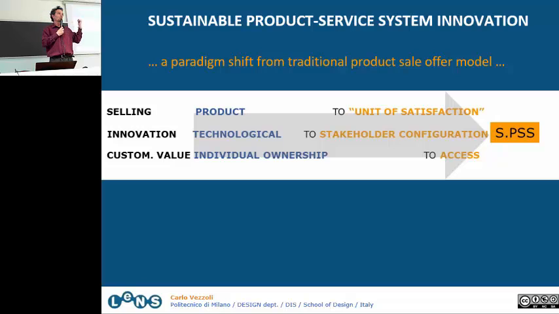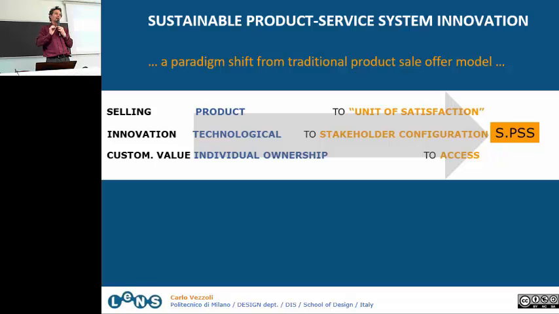Okay? So when we speak about system innovation or sustainable product service system innovation, we speak about a unit of satisfaction. So we have to make this shift. Wait a while. Don't think so rapidly of the car. What is a car needed for? Or why? What are we thinking? We have to move from one place to the other to meet a friend.